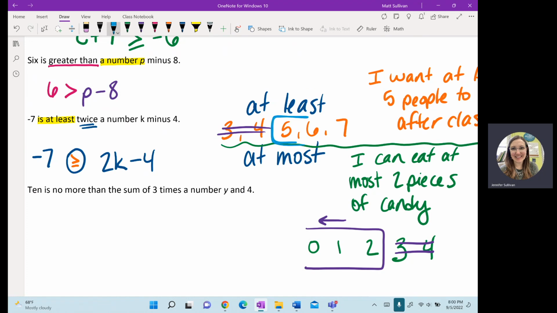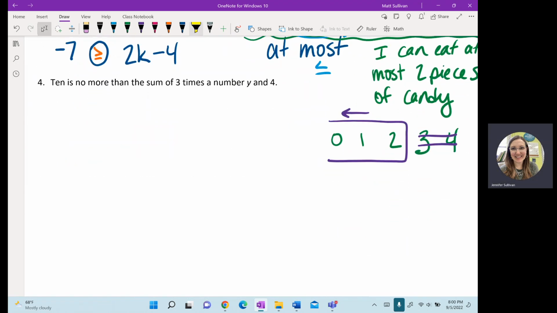I want everything bigger than that. So anytime you see at least, you're going to say greater than or equal to. Anytime you see at most, you're going to say less than or equal to. These are really important to make sure you have written down somewhere.